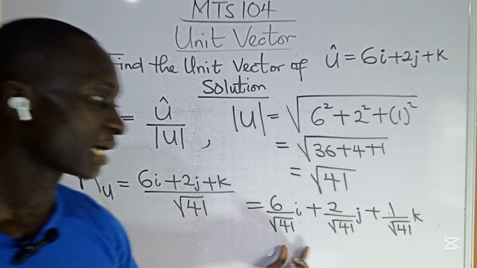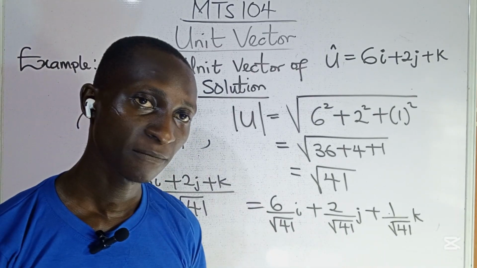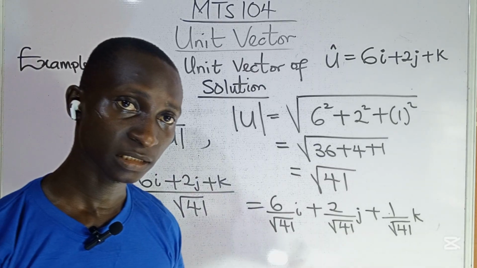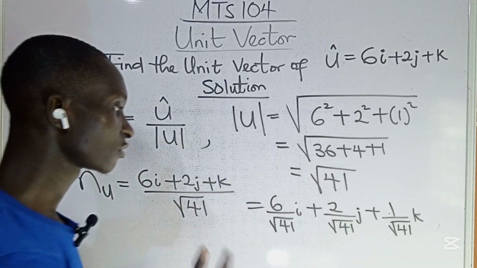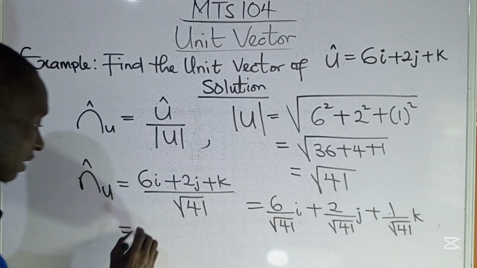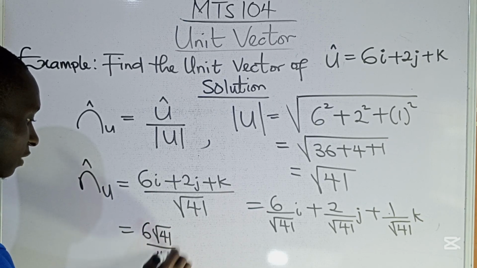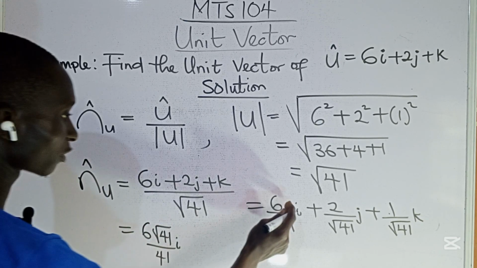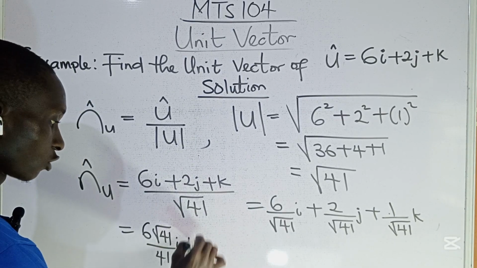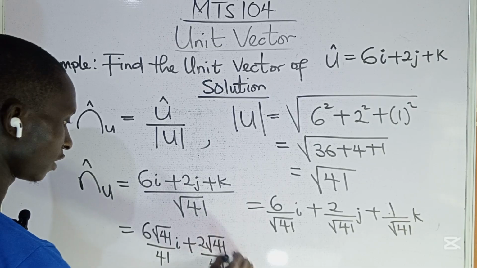Now you can also make these fractions a proper form. What we mean by a proper form is by rationalizing it. So if you rationalize, you can write 6 root 41 over 41 i, multiplying numerator and denominator by the square root of 41, plus 2 root 41 over 41 j, plus root 41 over 41 k.